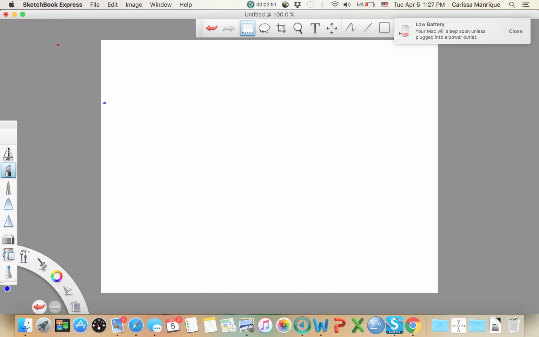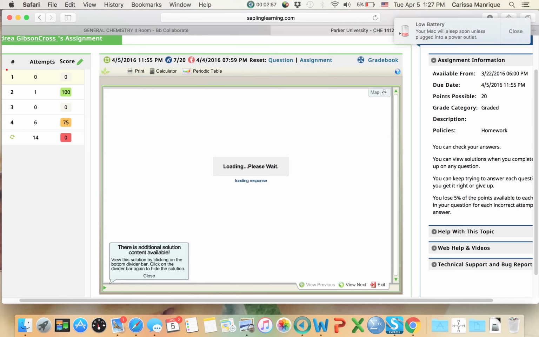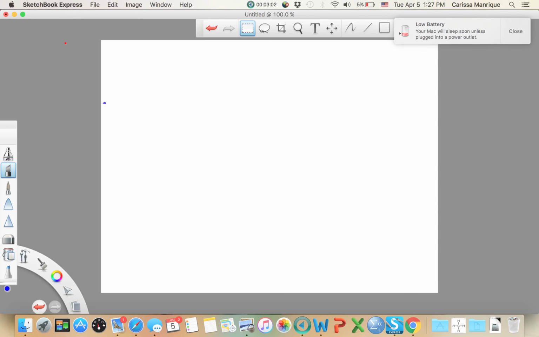Which was, let's see, I think it was the last question. As it's loading, the reaction here is AB3 goes to A plus, notice right here, there are 3 B's, so I need to put 3B.